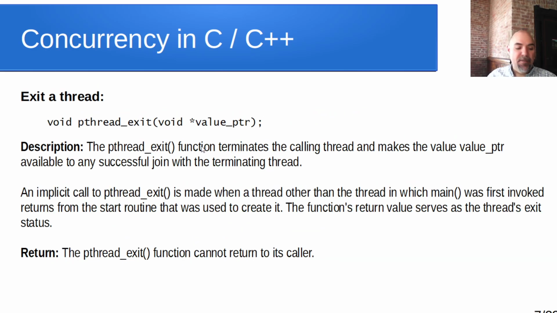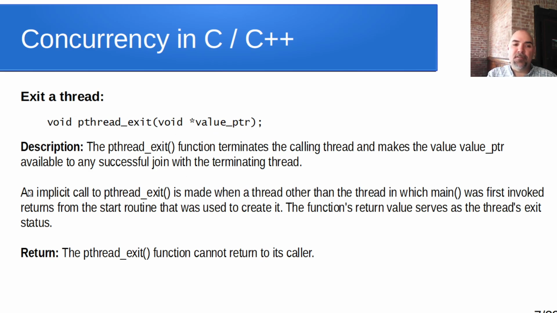Okay, and then from inside the thread, to exit the thread and return a value, we put the void pointer to the value we want returned and call pthread_exit. You don't necessarily have to call pthread_exit, but if you do, it immediately terminates your thread that executes that function, returning this value.